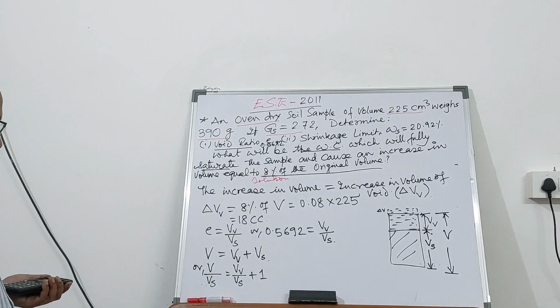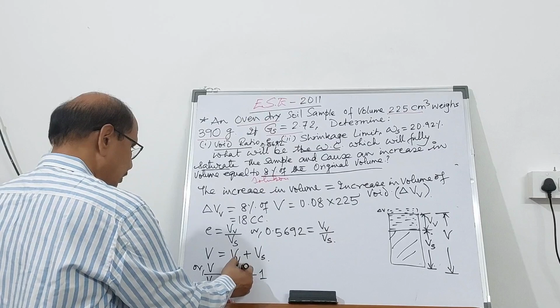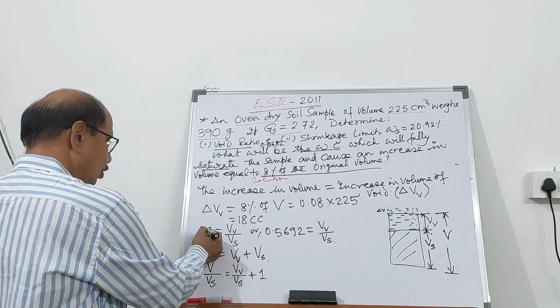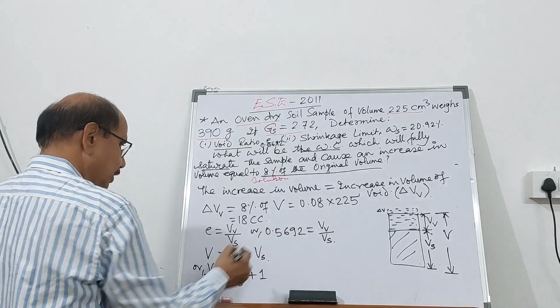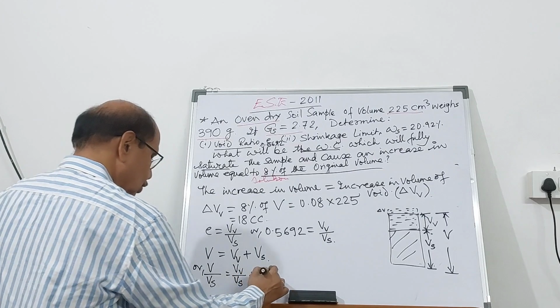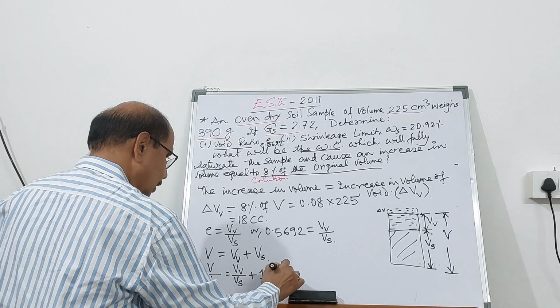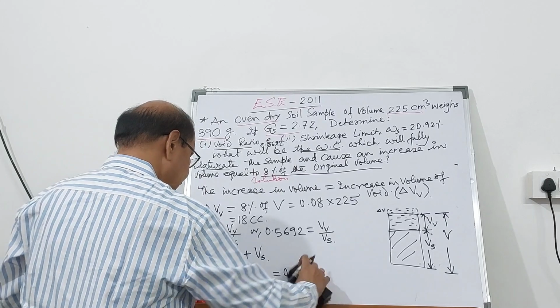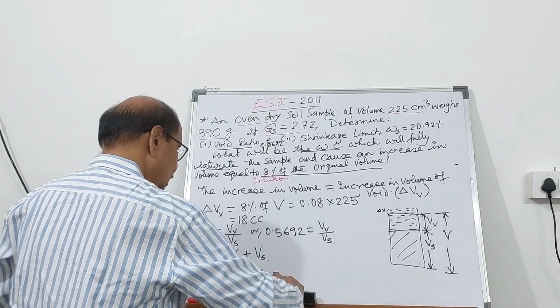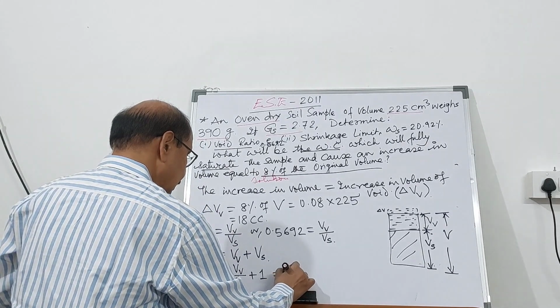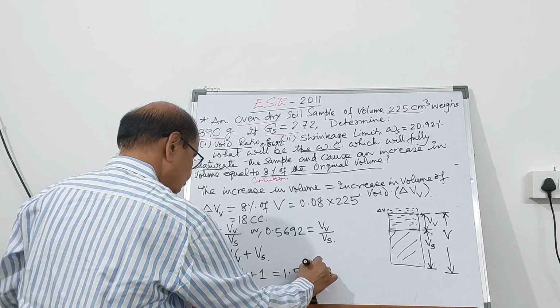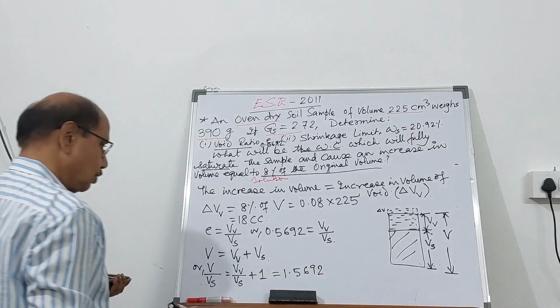V by Vs is the void ratio, which is already known to you, 0.5692, plus 1. If you add it, this becomes 1.5692.